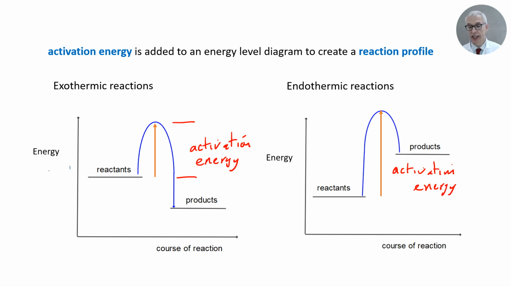Notice that the activation energy usually is required to have a directional arrow because we are putting energy in, so the energy is increasing, so we need to just show that with an arrow with a direction.